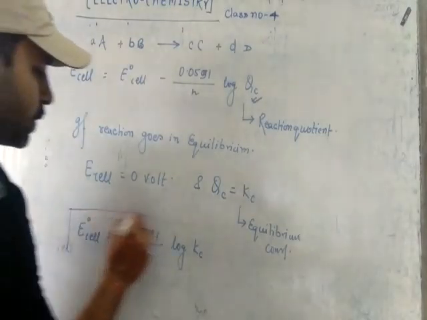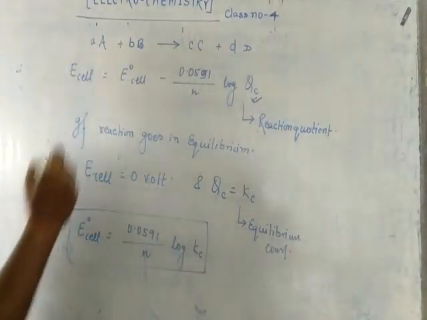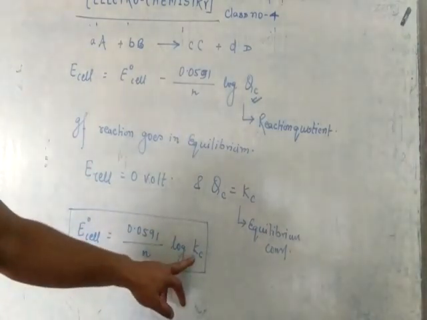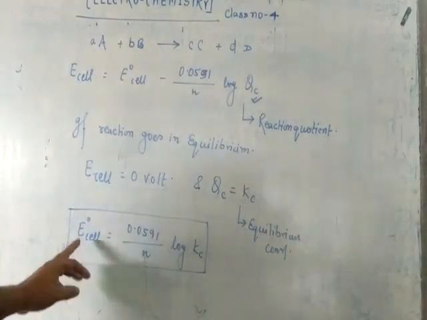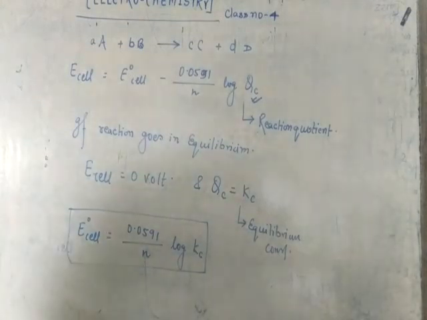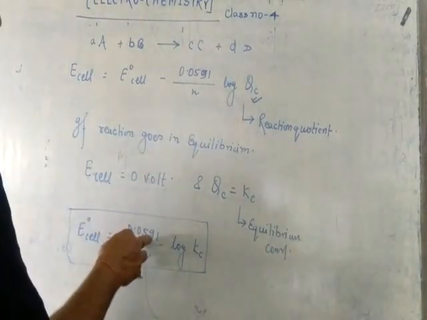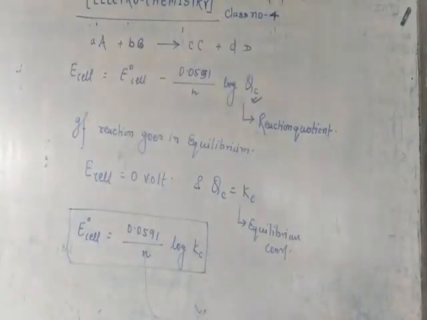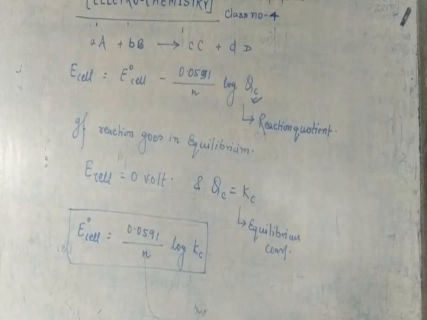So students, this is the formula to calculate the equilibrium constant with the help of E naught cell. Now students, we know that the value 0.0591 is calculated as follows.